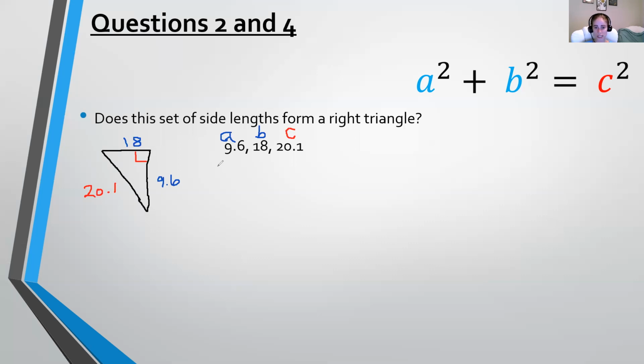So step 2, just like before, is going to be to substitute. We have our formula right here, A squared, 9 6/10 squared, plus B squared, 18 squared, equals C squared, 20 1/10 squared.